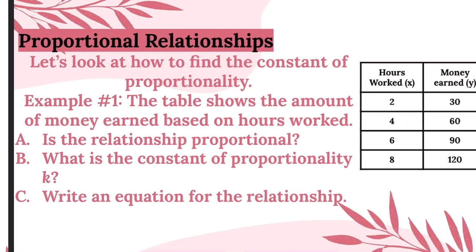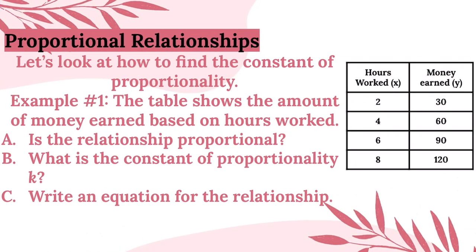Let's look at the next example, exploring proportional relationships. So this should say example number 2, but example number 2 says the table shows the amount of money earned based on hours worked. Is the relationship proportional? So to be a proportional relationship, just a reminder, I'm going to put PR for proportional relationship up here.